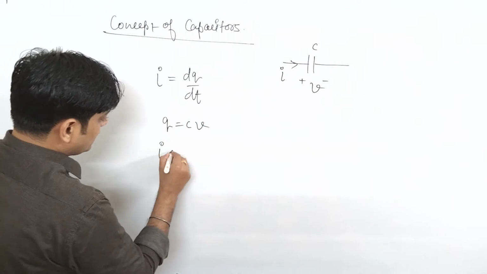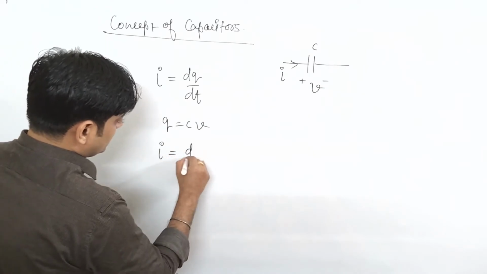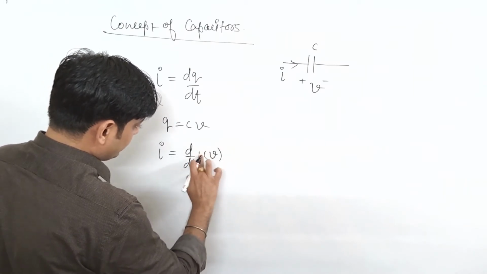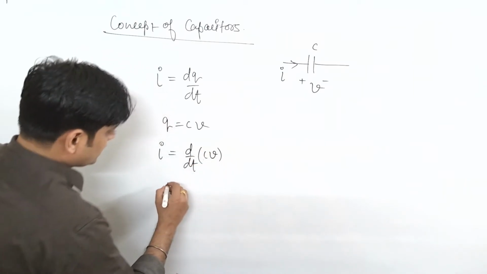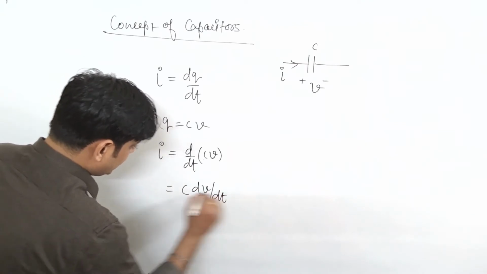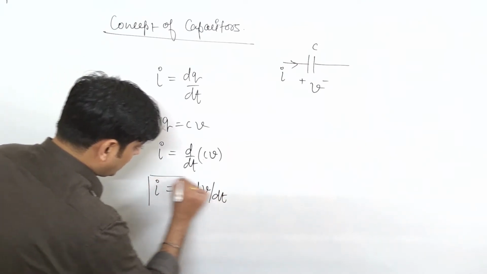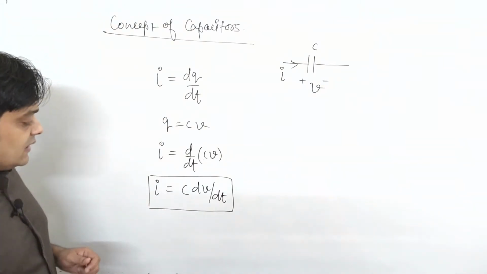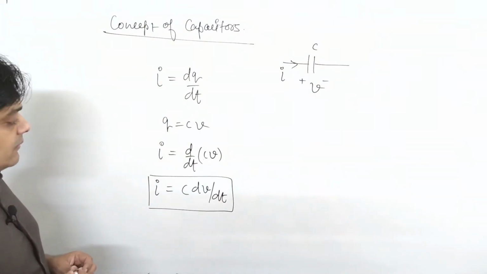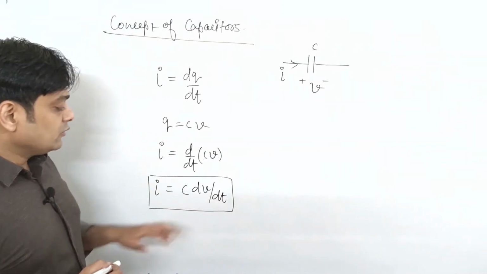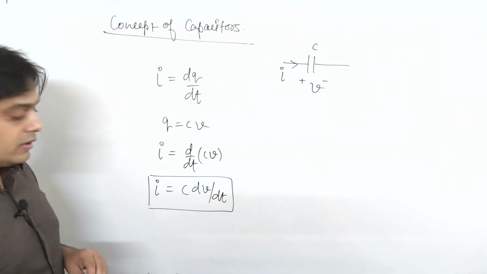So I comes to be d by dt of C into V, which gives I equals C dV by dt. This is the current across the capacitor.